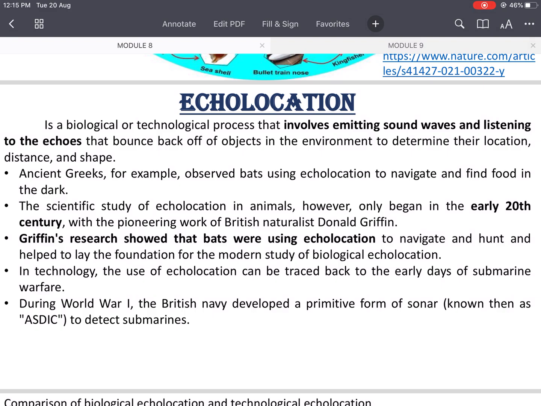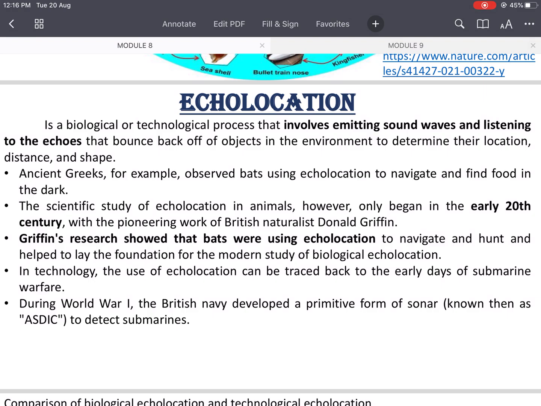They emit ultrasound waves, and these waves travel across. Once they hit any obstacle, they are reflected, and the bat receives that reflected sound wave and estimates the presence of an object. This is a simple example of echolocation.